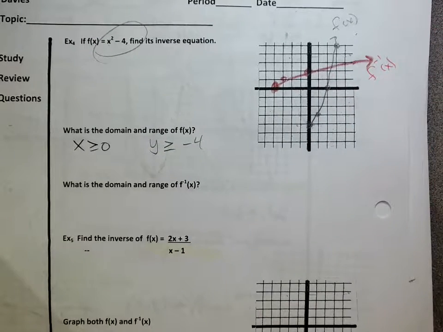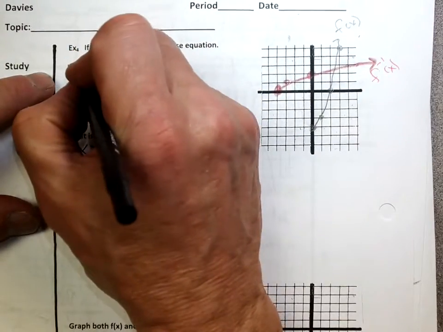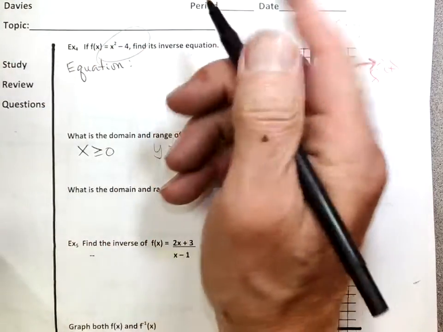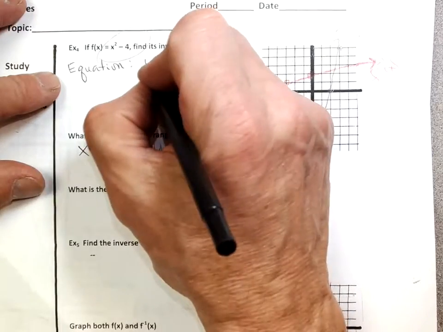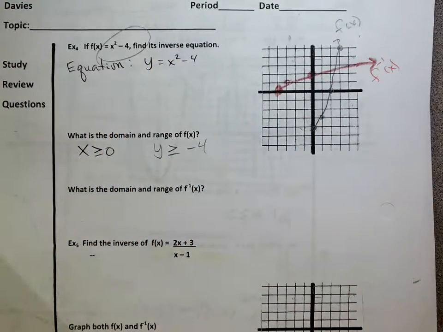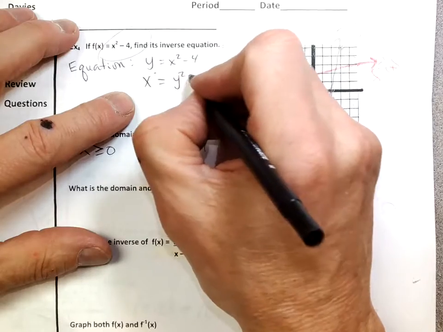Now, what's the equation of this? So the equation of the inverse, instead of having y equals x squared minus 4, right? We're going to make it x equals y squared minus 4.